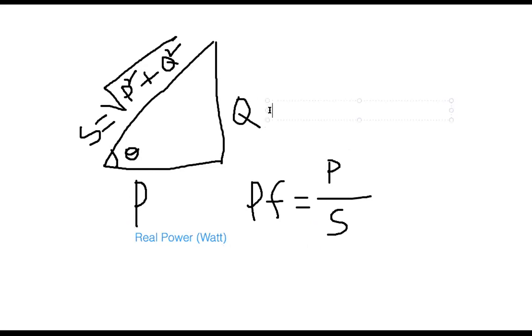This one is reactive power, expressed in var, and var is reactive volt ampere. And this one is called apparent power, expressed in terms of volt ampere. And this one is the power factor.